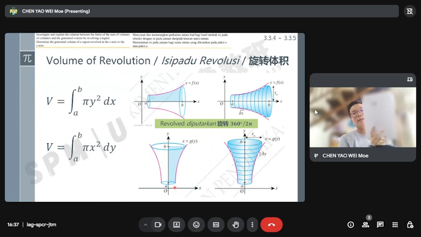Actually I am doing rotation, and you form a shape that is called a circular shape. Not a cylinder, but a circular shape.